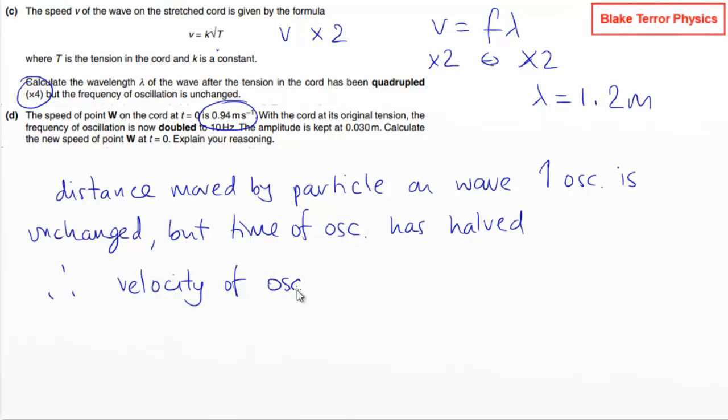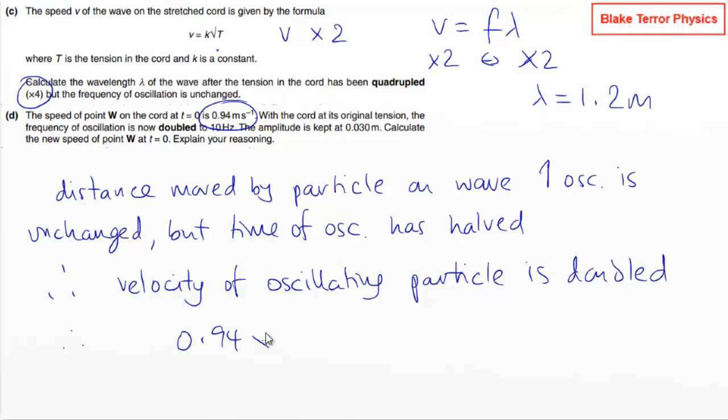The particle's speed is doubled because it's moving through the same distance in half the time, so it must be going twice as fast. So to calculate the new speed, we have 0.94 multiplied by 2, which is 1.88 meters per second.